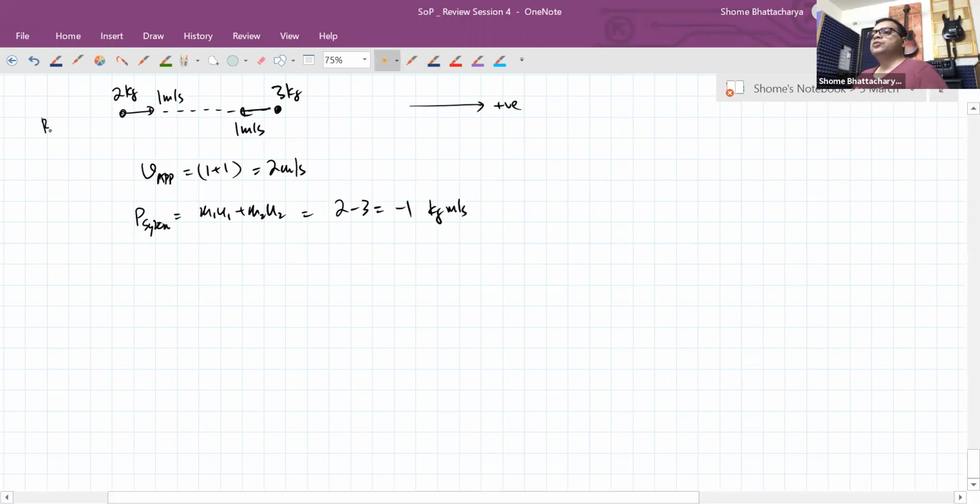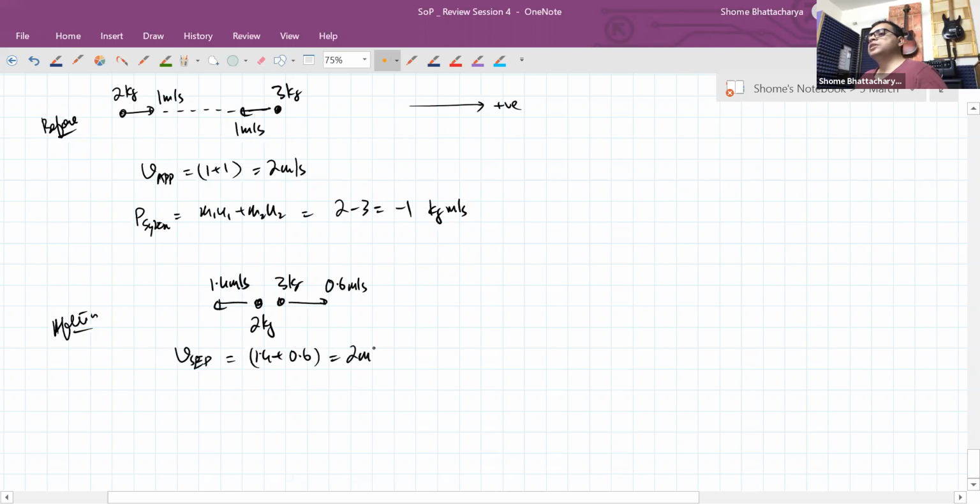So this is before impact, of course, and after impact, you can see that the 2 kg particle is having a final velocity of minus 1.4, so 1.4 meters per second backwards, and the 3 kg particle is having a forward velocity of 0.6 meters per second. So the separation velocity is equal to 1.4 plus 0.6, that is equal to 2 meters per second.